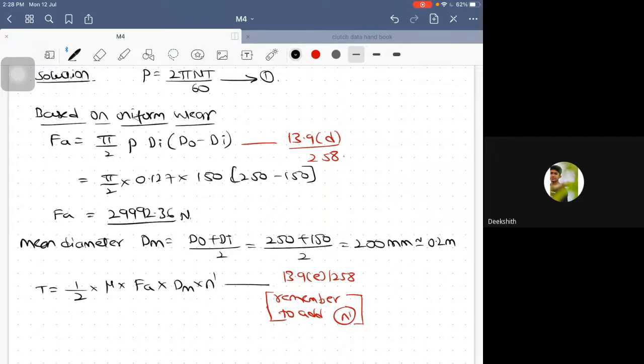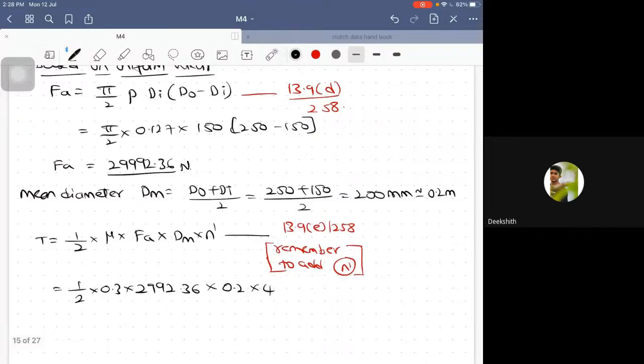Now, since Fa is known, calculate the torque. It is given by half times mu, which is 0.3, Fa is 2992.36, Dm value we have calculated as 0.2 and N dash is 4. So from this, what is the torque?